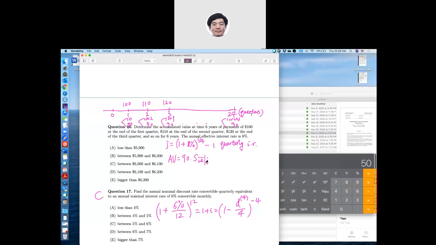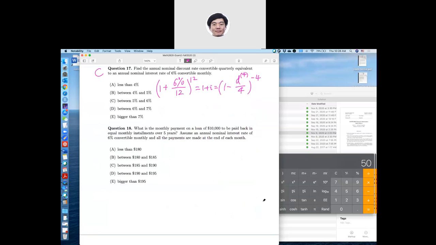So I have 24 quarters, and the interest rate is not I, I will need J because the current time frequency is a quarter. I need to know the quarterly interest rate, which is J in my notation. Right? So I_s and I_a differ by the accumulation factor. Okay.